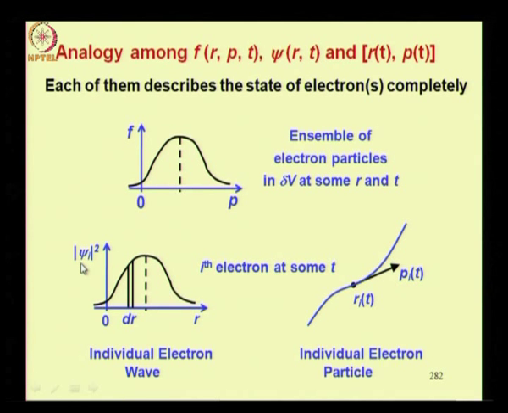Interestingly, the wave function also has a similar kind of shape, and the area under the square of the wave function has the same meaning as the distribution function, namely it gives the probability of finding the electron in this region. So similarly, the individual electron particle is described in terms of the position r and momentum p.